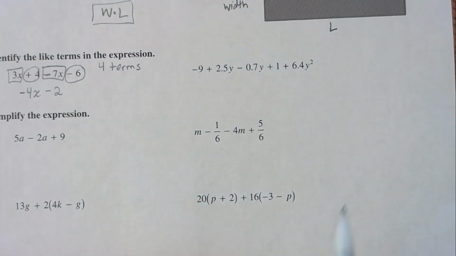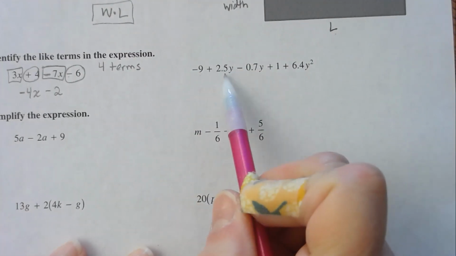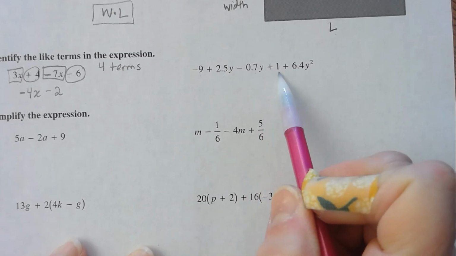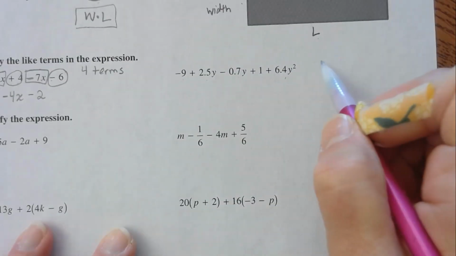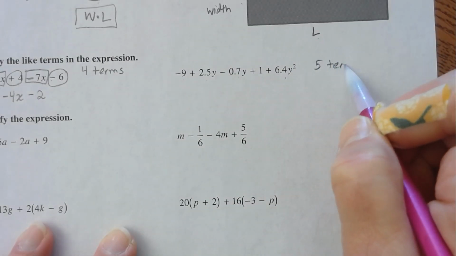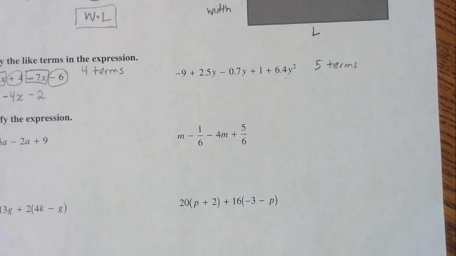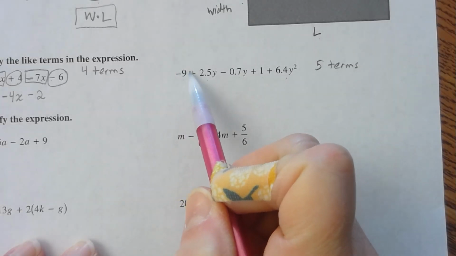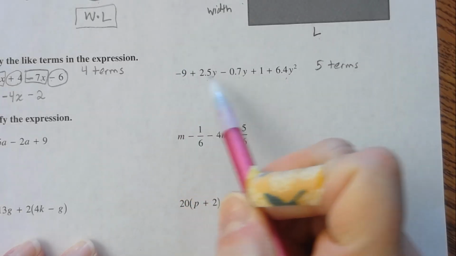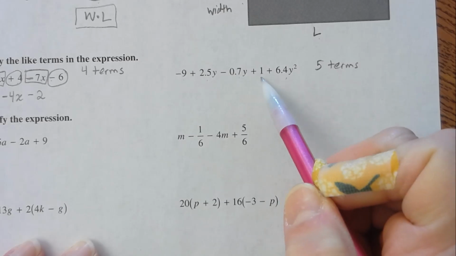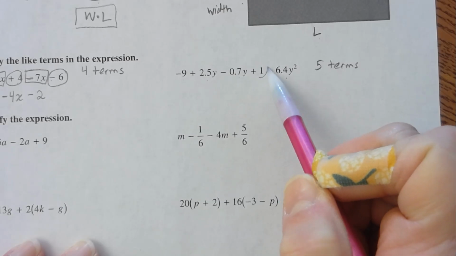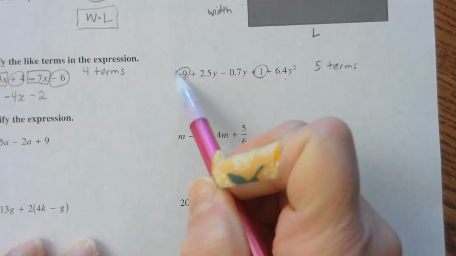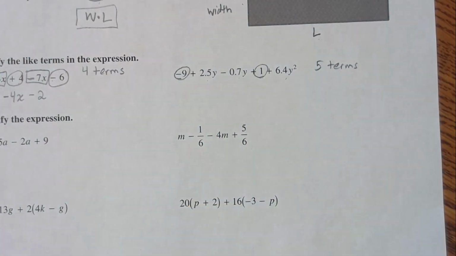Let's look at the next one. We have 1, 2, 3, 4, 5 terms. Which ones are alike? The first term is just negative 9 with no variable or no letter. I also have 1, which does not have a variable or a letter. So 1 and negative 9 are like terms.